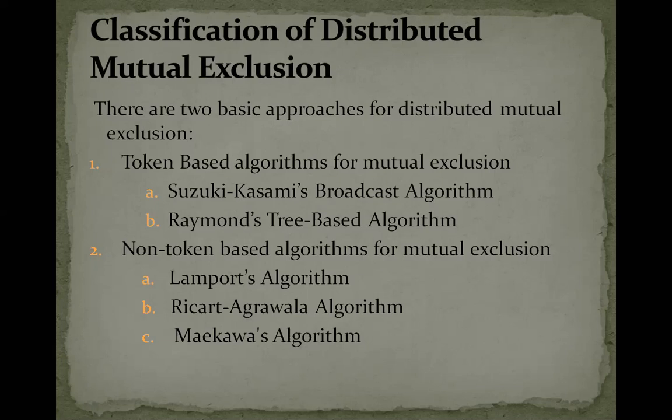If any process possesses the token, then only that process will go into its critical section. Otherwise, the rest of the processes have to wait. So at one time in a token based system, one process executes its critical section whenever it possesses the token. The non-token based algorithm is based on timestamps, and token based is based on the issue of the token.